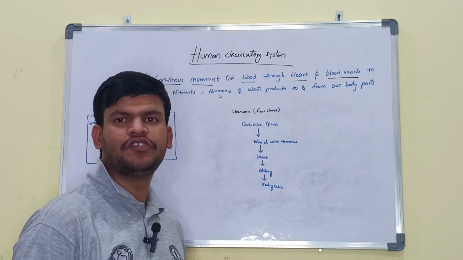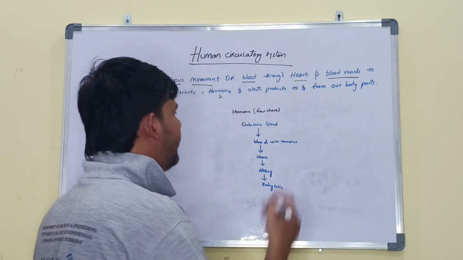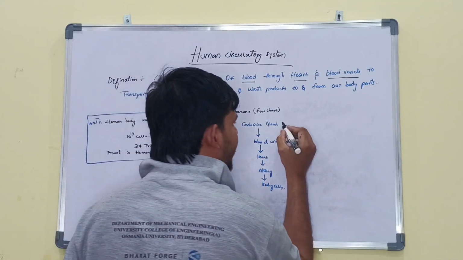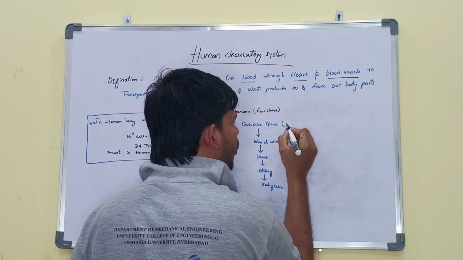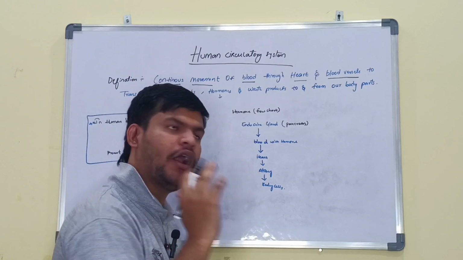Some people don't know what is gland, what is hormone. Gland is a substance which secretes hormone. Here I will be taking example of a gland called pancreas, which secretes a hormone called insulin.